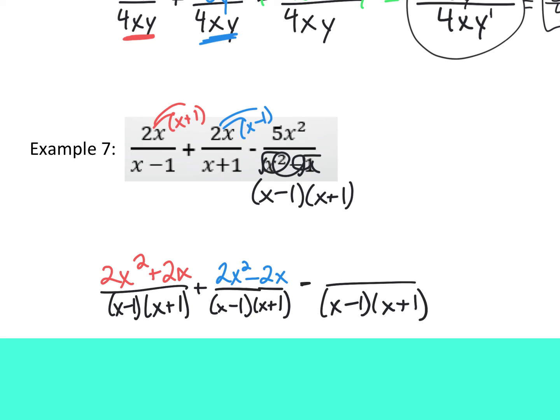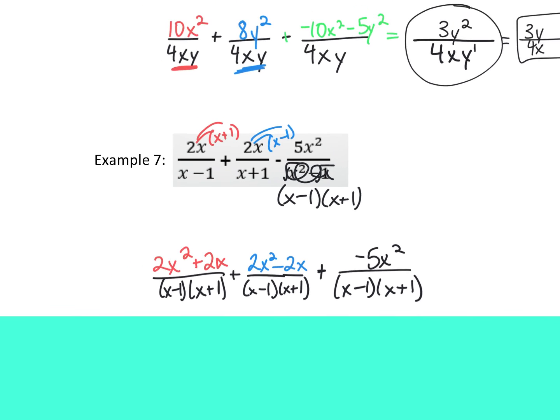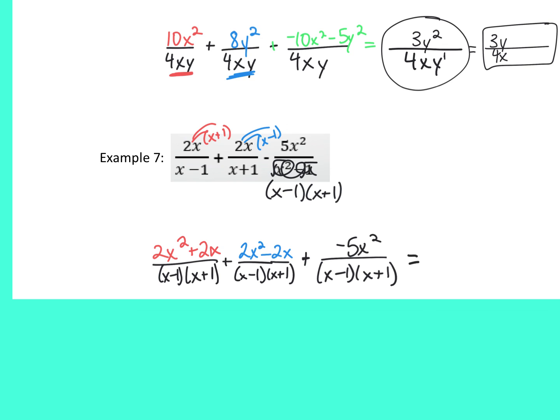And then last but not least, what's that last numerator going to be? Thank you, Nick. Negative 5x squared. Perfect. Plus a negative 5x squared. Okay, and then my denominator stays the same, right?